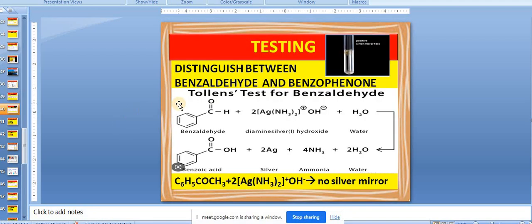Now the next question: is it needed to write the equation to distinguish the compounds? See, writing the equation will bring you closer to the highest competency level.